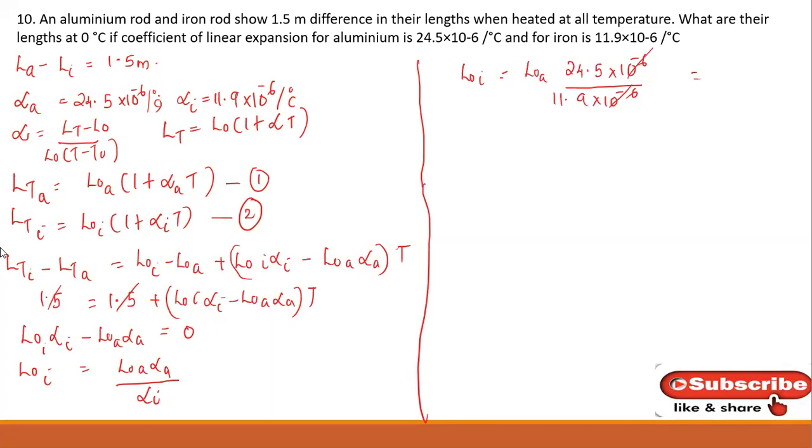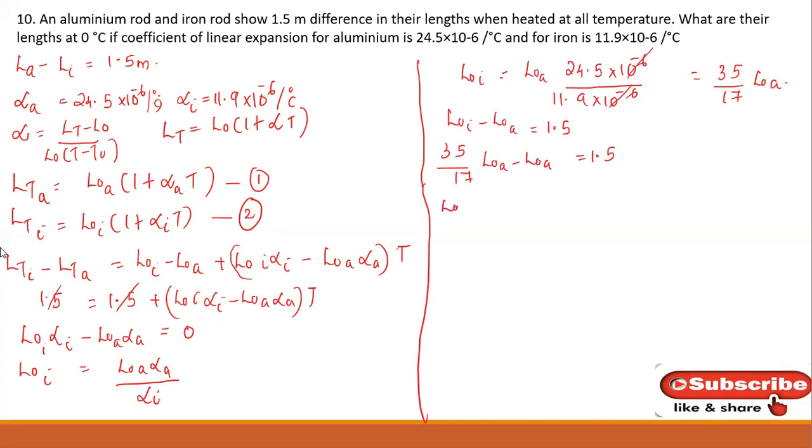On solving, we will get 35 upon 17 L0A. And we know L0I minus L0A is equal to 1.5. On substituting this value, 35 upon 17 L0A minus L0A is equal to 1.5.